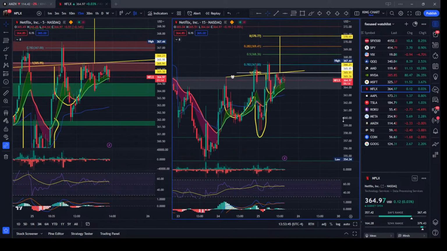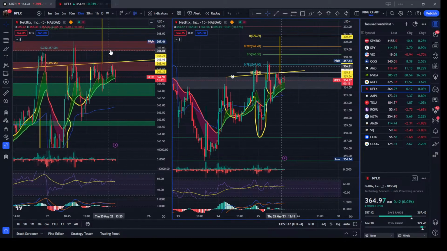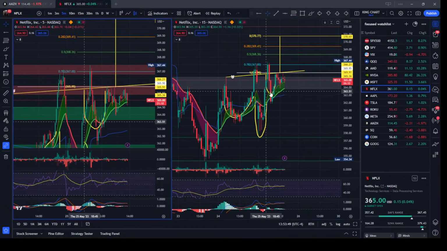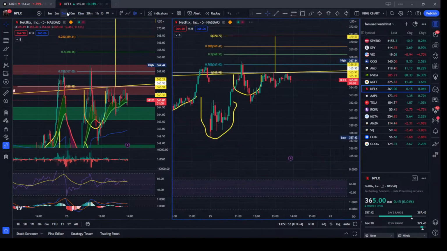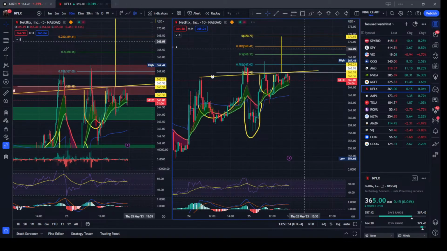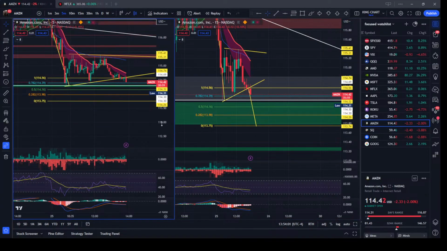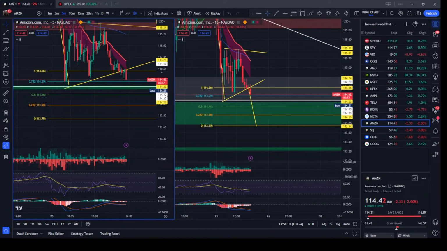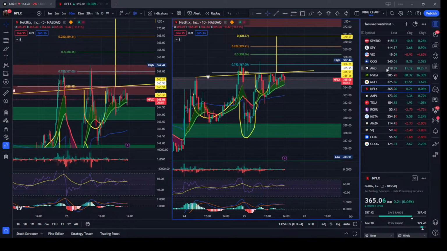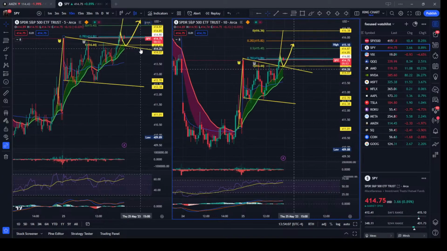And what else? And then we have Netflix, so we're looking for an upside push off this inverted head and shoulders. And Amazon is retracing back up. SPY, what's it doing?